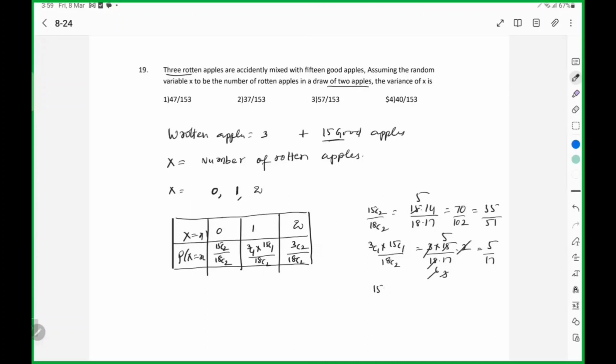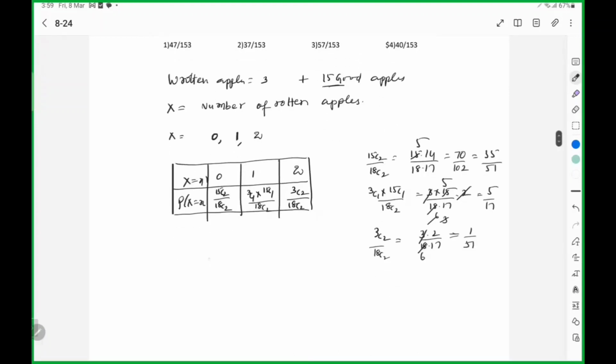So two of them are good. So here it is 15 into 14 by the last one. 3C2 by 18C2 is 1 by 51. So then here 35 by 51, 5 by 17, 1 by 51.